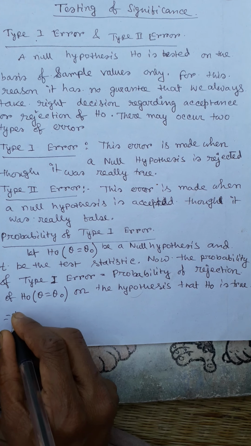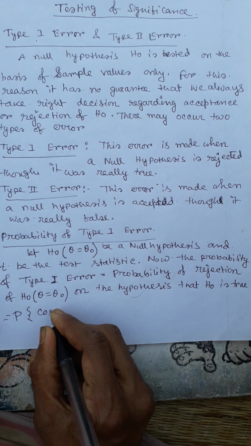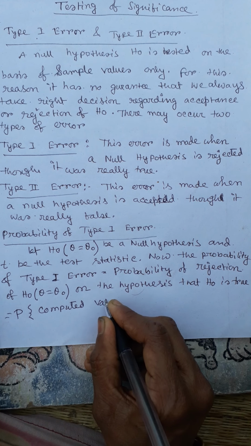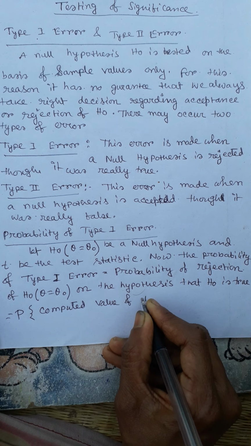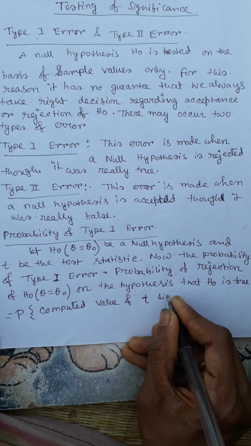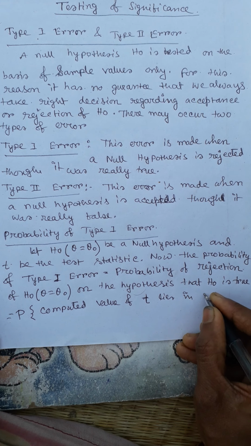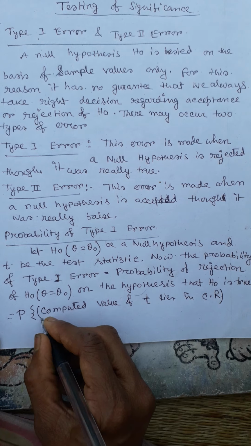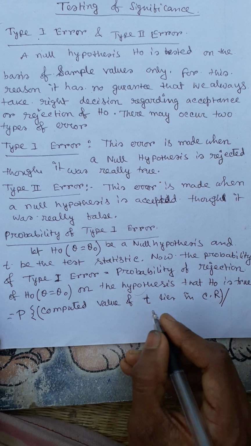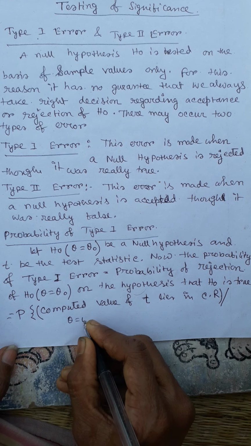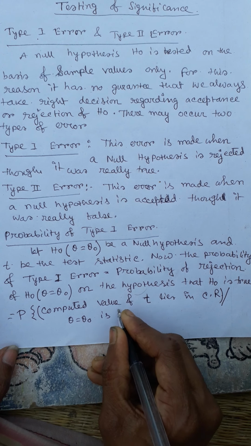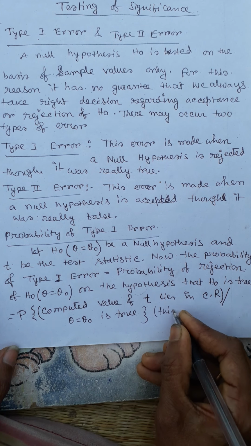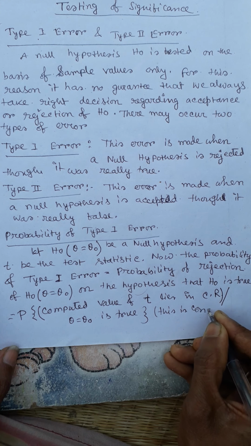That means this is the probability that the computed value of T lies in the critical region CR, where theta equals theta 0 is true. This is a conditional probability.